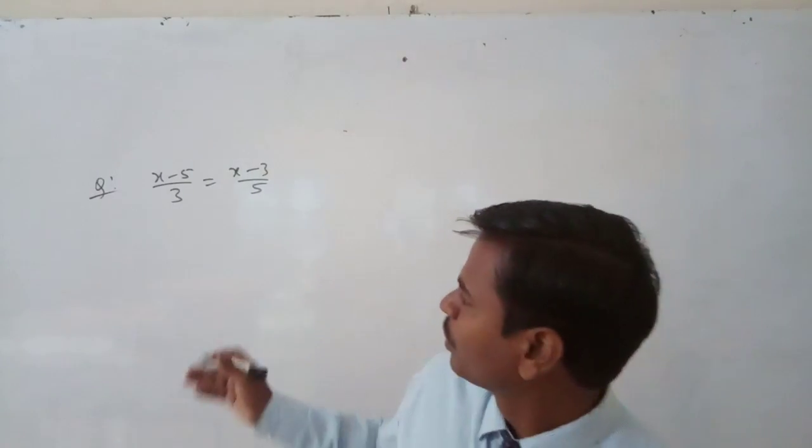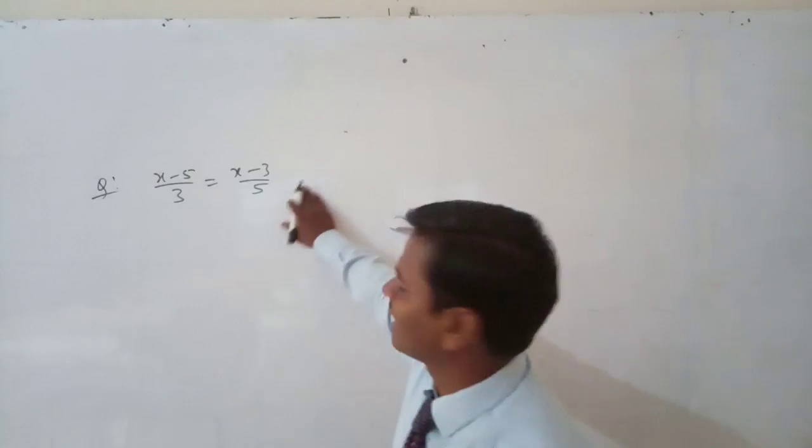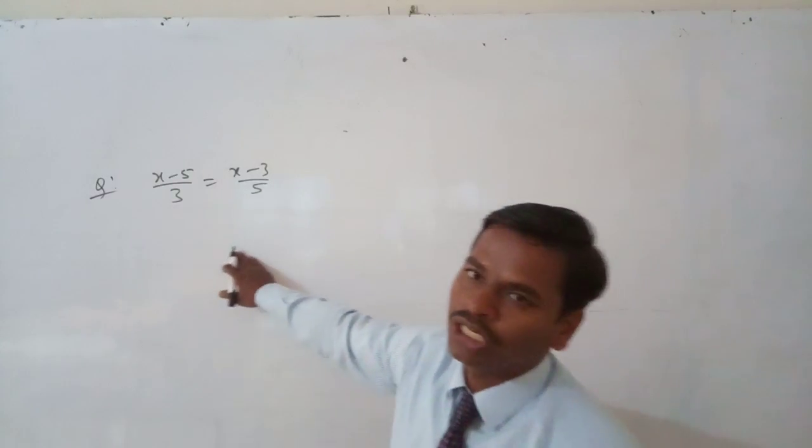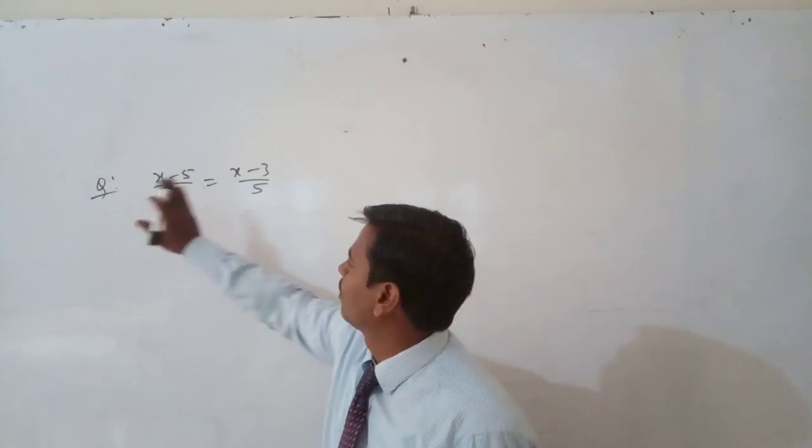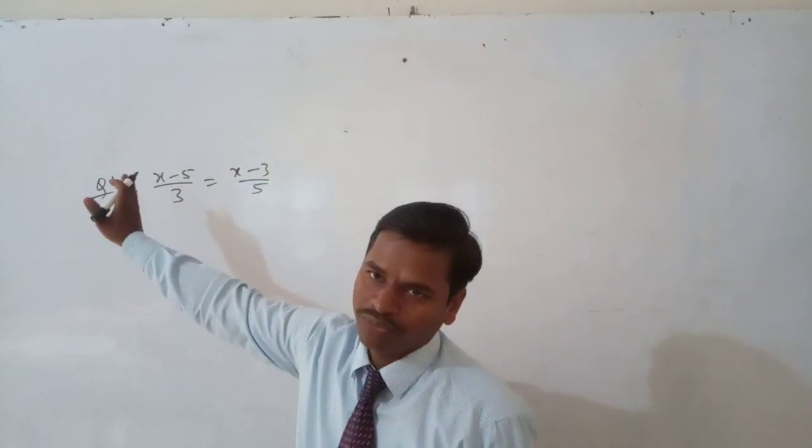That is also the same. Divided by 3 will become multiplied by 3, and divided by 5 will become multiplied by 5.